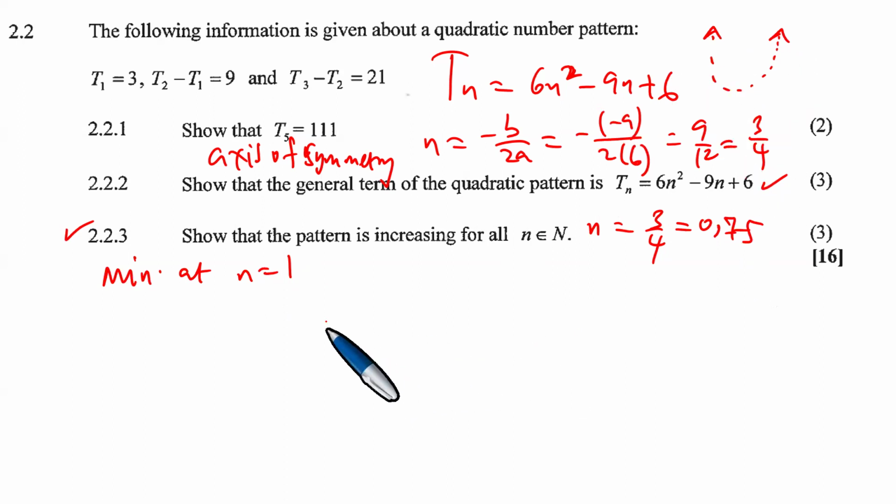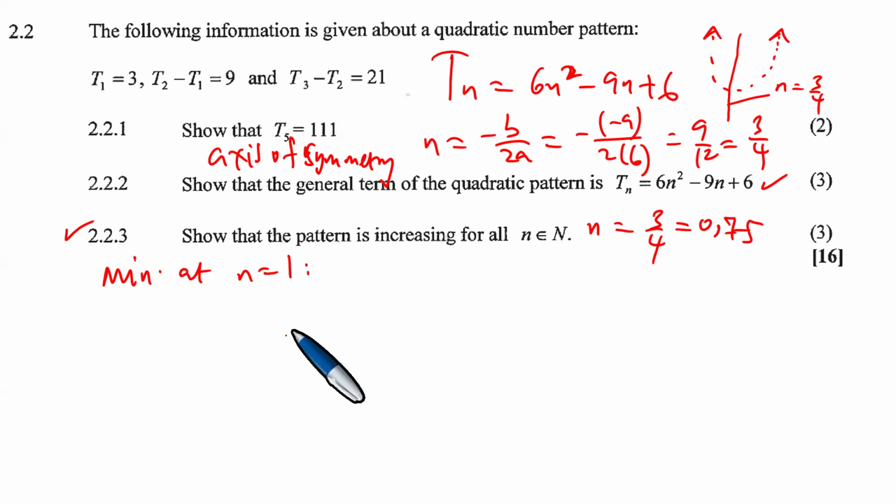And so at this point, you're able to see that it will have a minimum at the axis of symmetry, where n is exactly 3/4. Take note of the fact that n is 3/4.